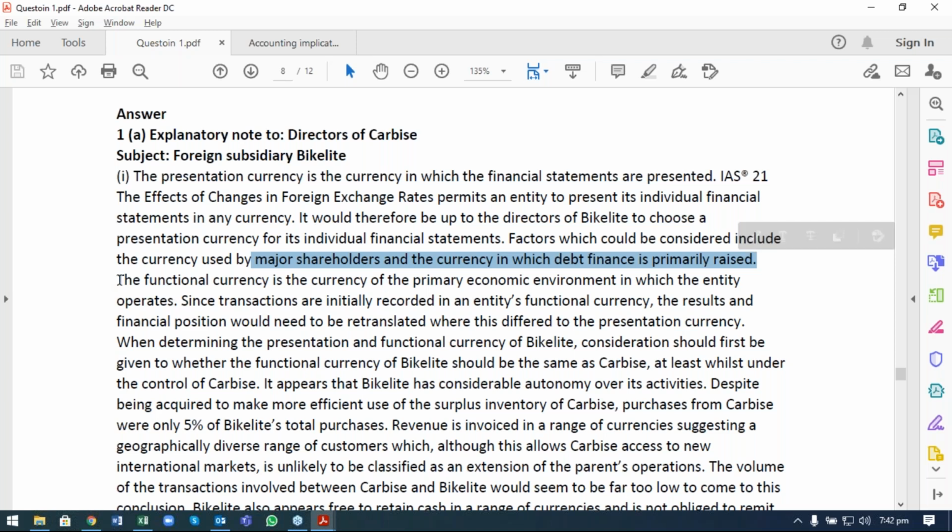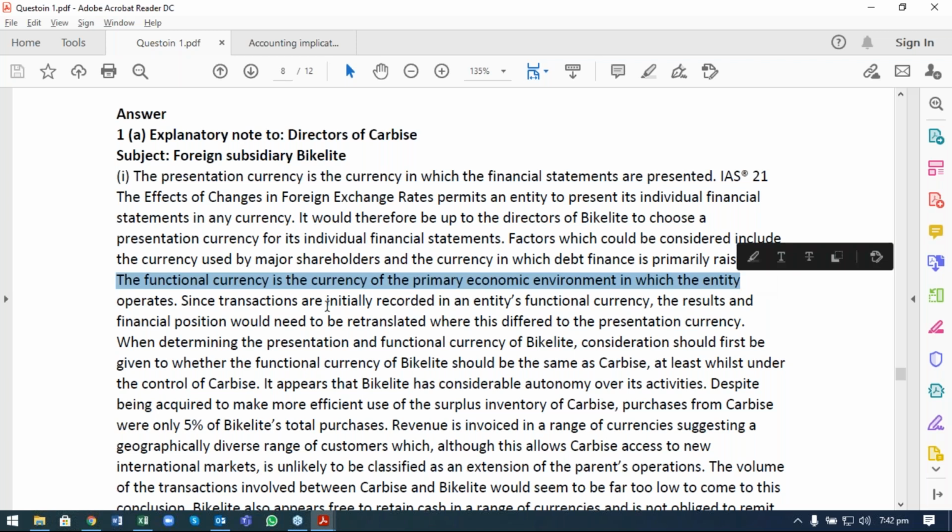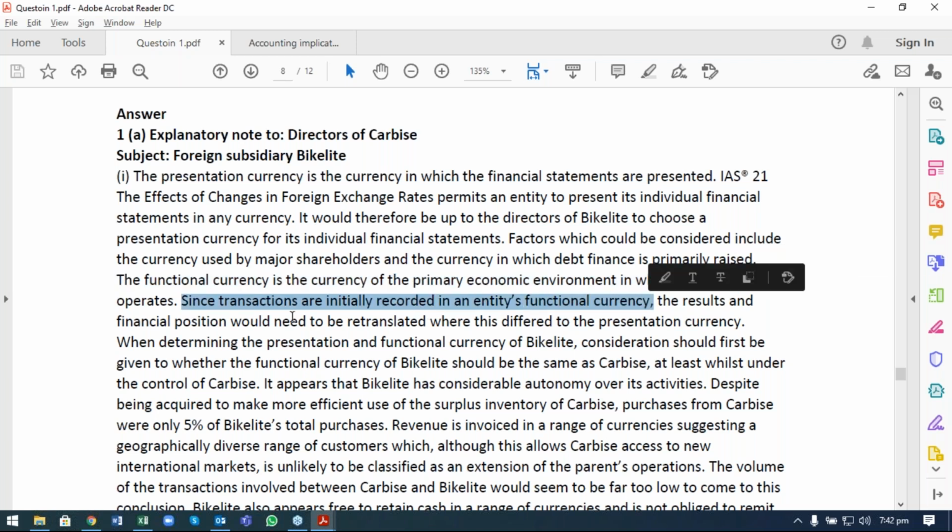Now we're looking into the functional currency. The functional currency is the currency of the primary economic environment in which the entity operates. Since transactions are initially recorded in the entity's functional currency, the results and the financial position will need to be retranslated where it differs from the presentation currency, right?